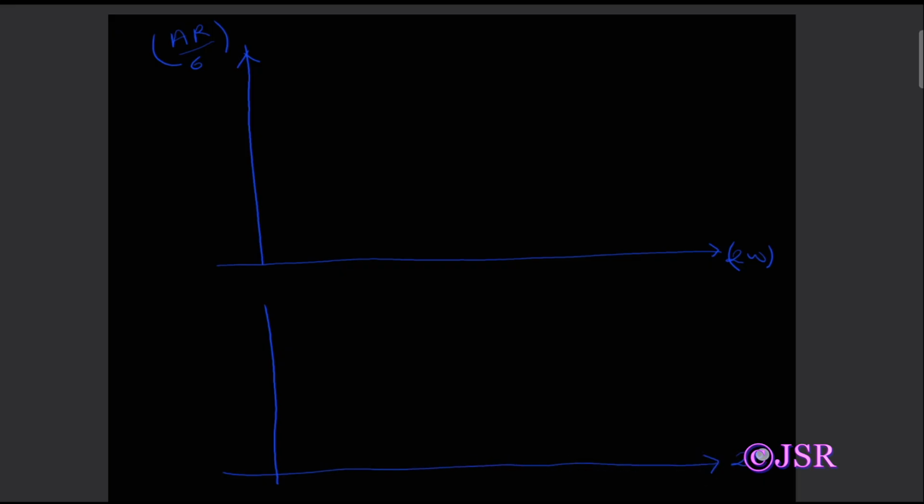So here again we will have omega tau, that is tau omega, in this axis, and in this axis we will have phi. So at first locate the corner frequency. So when tau omega is equal to 1, this is the location of the corner frequency.